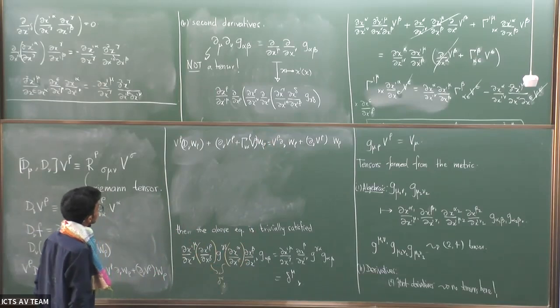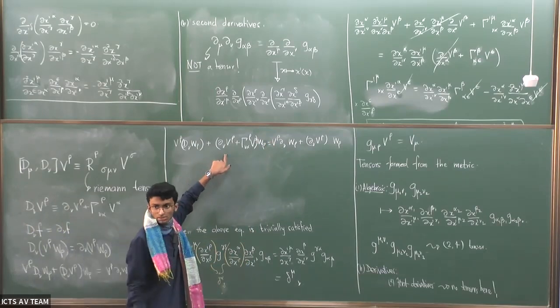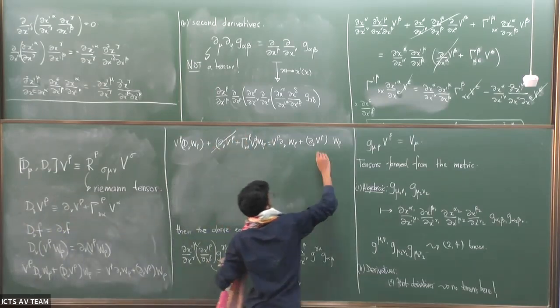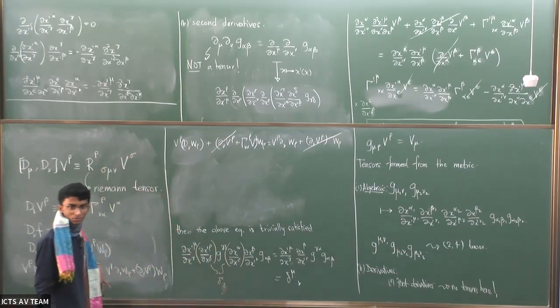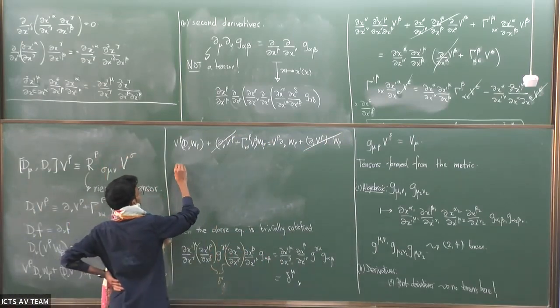So then what cancels? This term cancels, so that goes away. That goes away as it should, because I don't want derivatives of V in a formula for the derivative of W. V and W are completely independent. You get V rho.